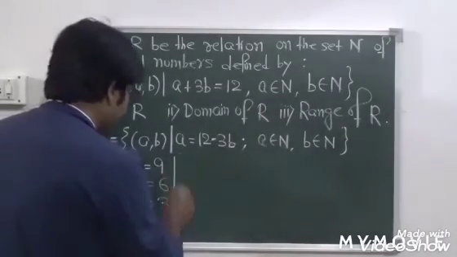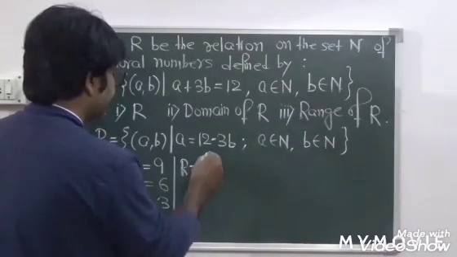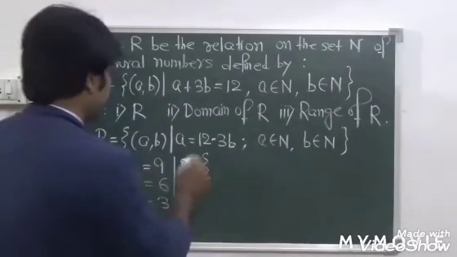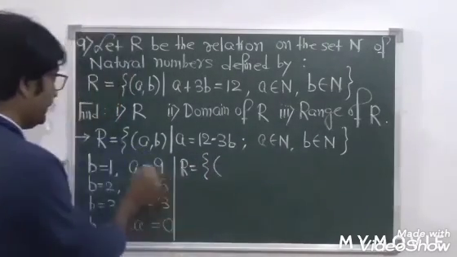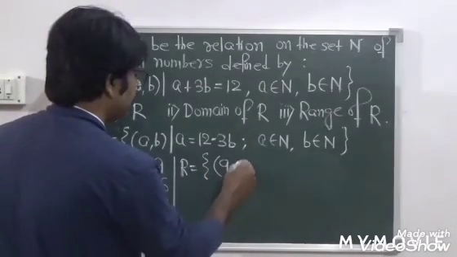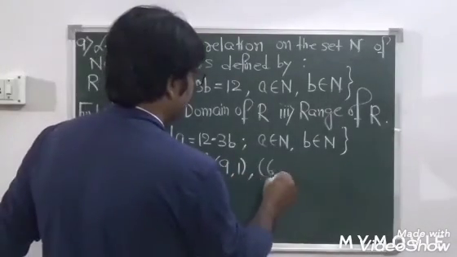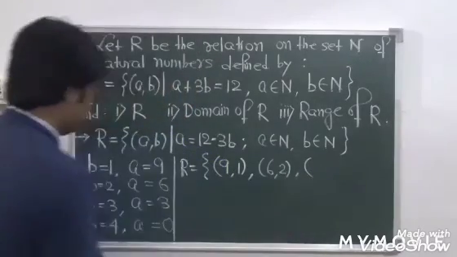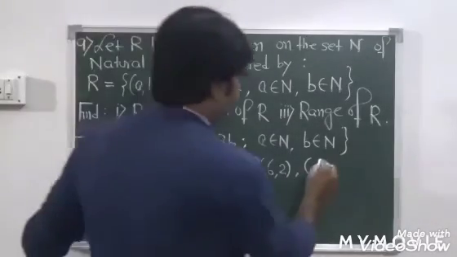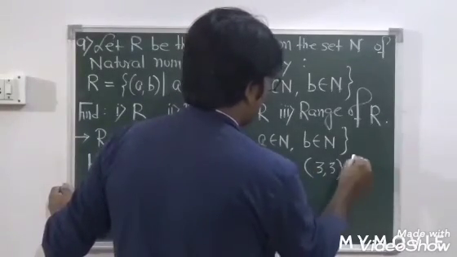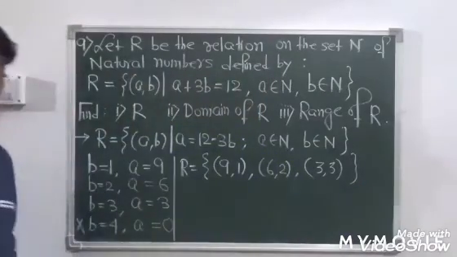So the relation finally stands like this. (A, B) will be (9, 1), (6, 2) and (3, 3). So this is the relation in the roster form.